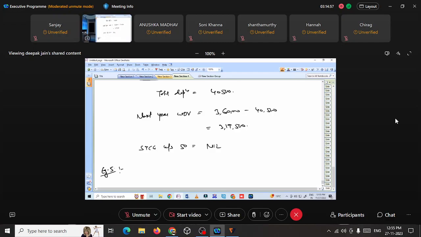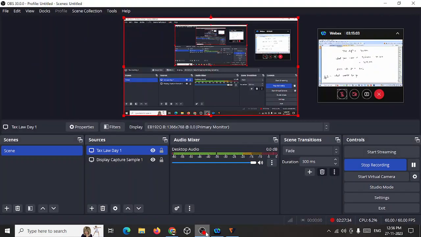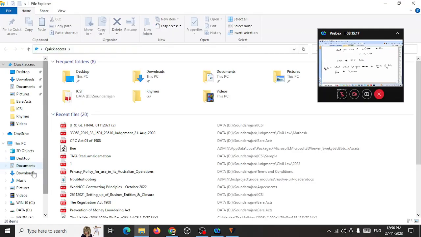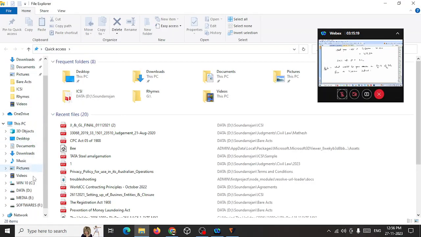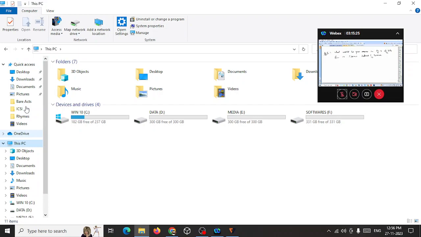What would be your answer in example 3 if the sale price is 7,50,000 instead of 3 lakh? So time is running out. I will do it for you.